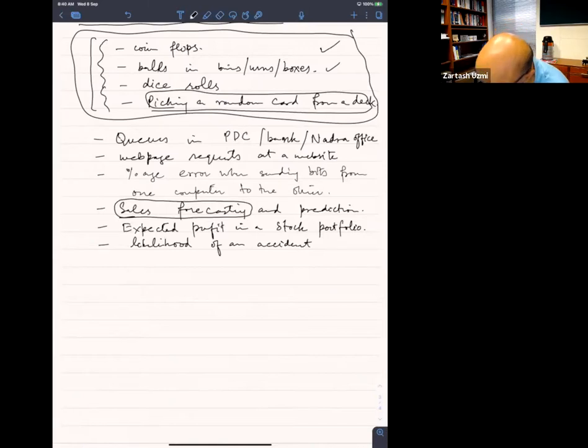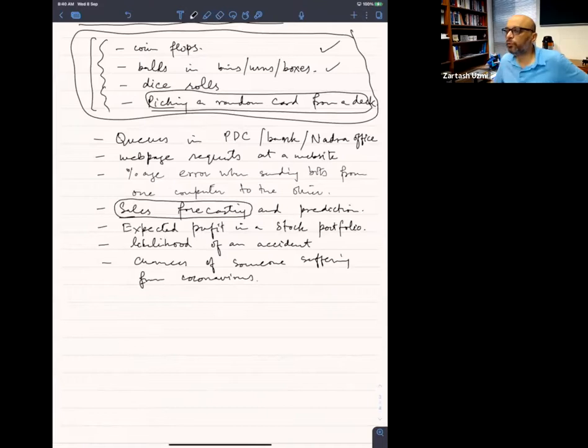Okay. Similarly, chances of someone suffering from coronavirus. What are the chances that somebody would be suffering from that? Or the positivity rate. What are the chances that you pick a random person who has some symptoms and would test positive for coronavirus?